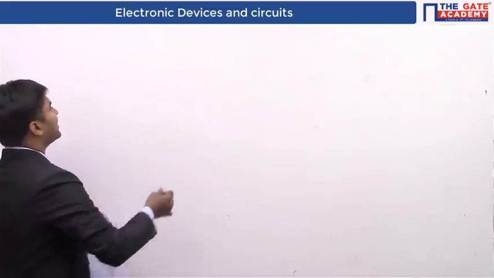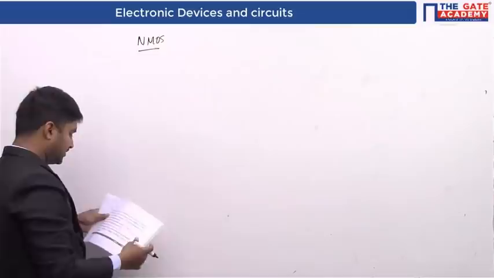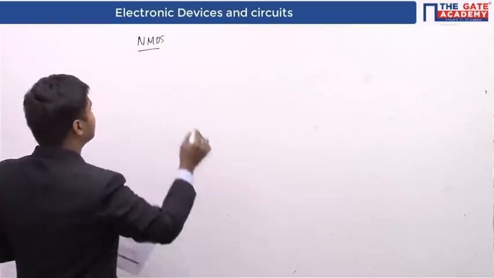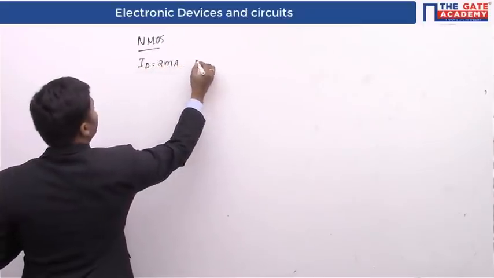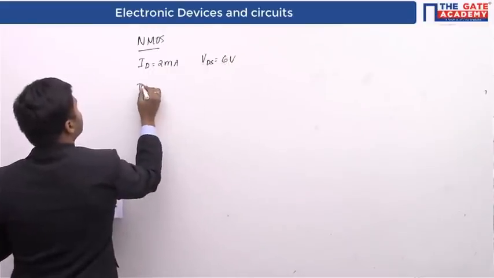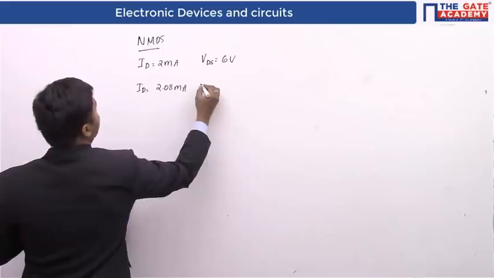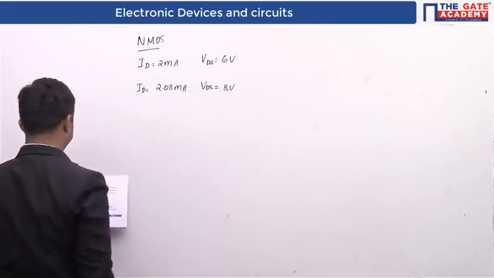So we have an NMOS transistor. Please read the question carefully. The drain current is 2 milliamperes when VDS is 6 volts, and the drain current in the second case is 2.08 milliamperes when VDS is 8 volts.